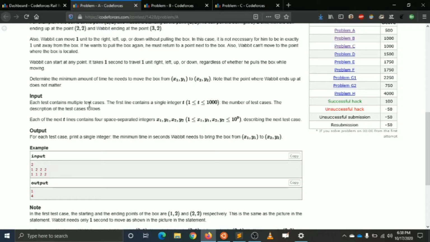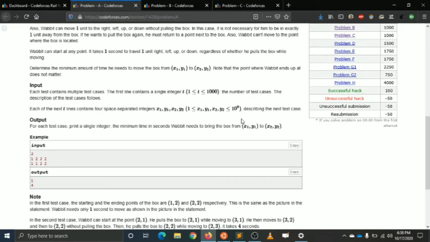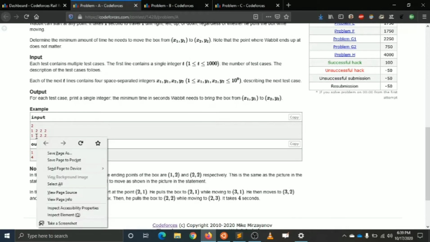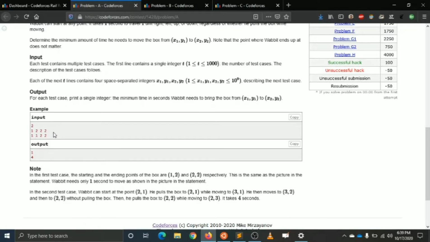Basically what you are going to do is, suppose you don't have to take care about whether your x2 y2 is to the right of x1 y1 or to the left of x1 y1. What you have to care about is the difference between them. Suppose first try to move the box to the position of x2 from x1 to x2.